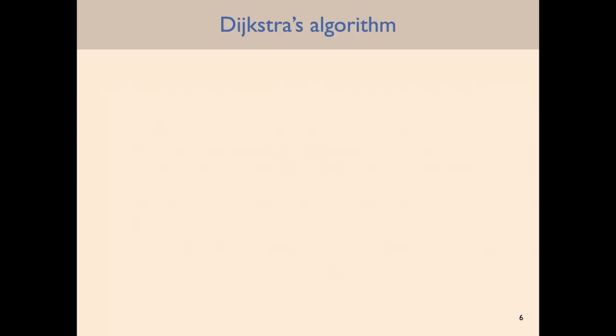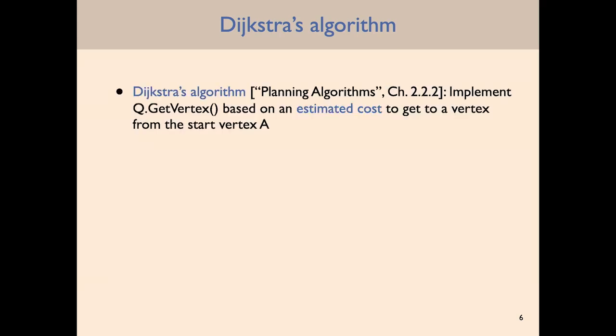Okay, so the first optimal planning algorithm that we're going to discuss is what's known as Dijkstra's algorithm. The main idea behind Dijkstra's algorithm, as I mentioned previously, is to modify how the q.getVertex function is implemented. So what do you prioritize for taking out of the queue and exploring?